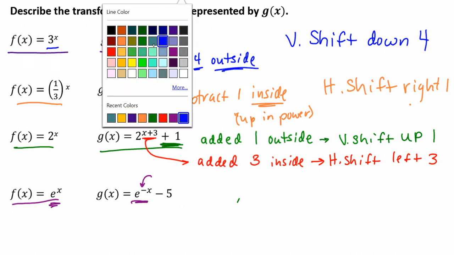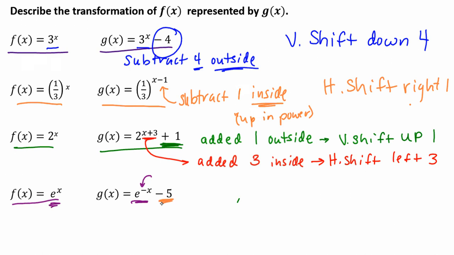One of the changes is, again, this subtracting 5 outside. So I subtracted 5 outside. Outside meaning at the end of the function. Okay, I don't even have to look anymore. I know that that's a vertical shift down 5.